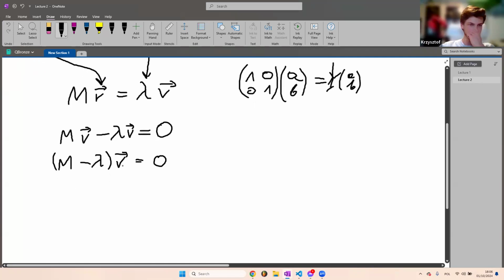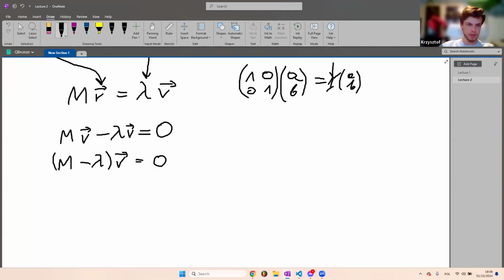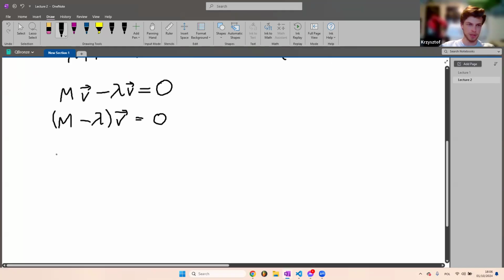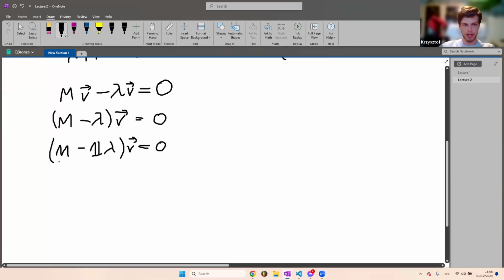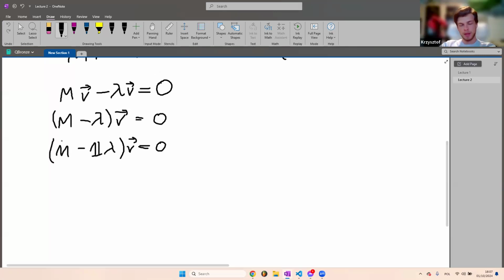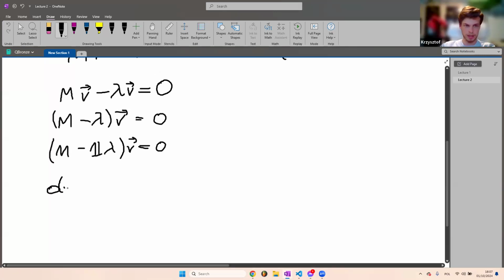And then what we actually want to do, because we cannot subtract a value from a matrix, is put an identity matrix in front of the lambda, so (M minus lambda I) v equals 0. And in order to find the eigenvalues of this matrix M, we can also take the determinant of the matrix. Later we'll talk about how those determinants are found.